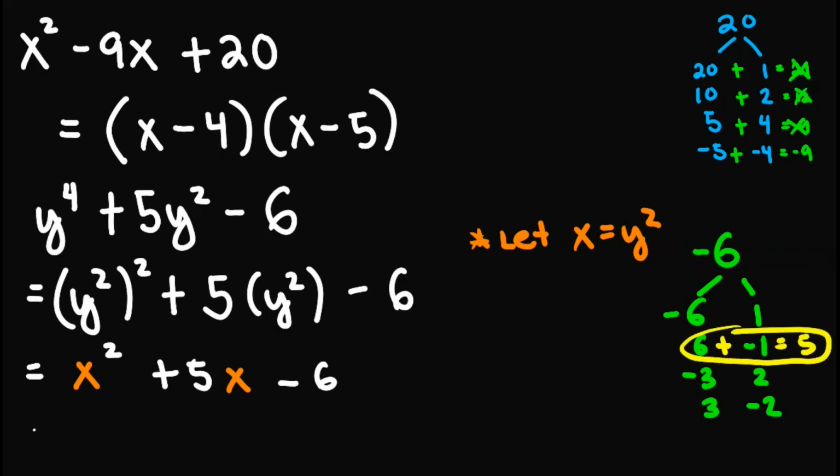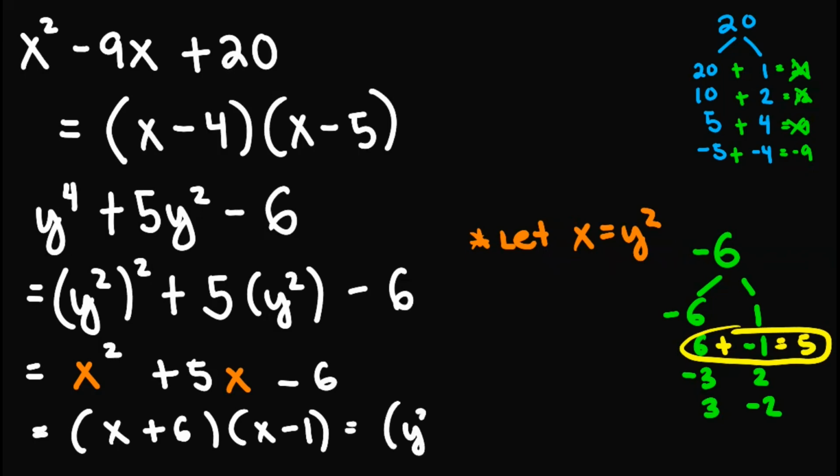So we know that this one will be equal to x plus 6 times x minus 1. And going back to this one, we write this as y squared plus 6 times y squared minus 1.